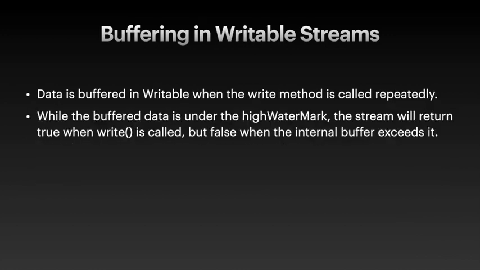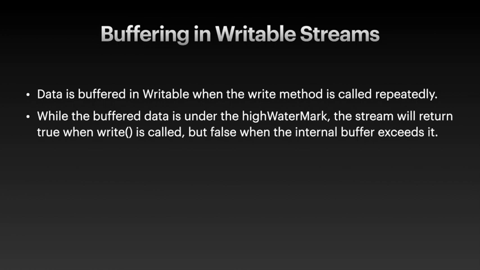For the writable stream, data is buffered when we call the write method repeatedly. Remember the example in the last video, in the file stream, and later on we're gonna see more examples with file streams and other types of streams.